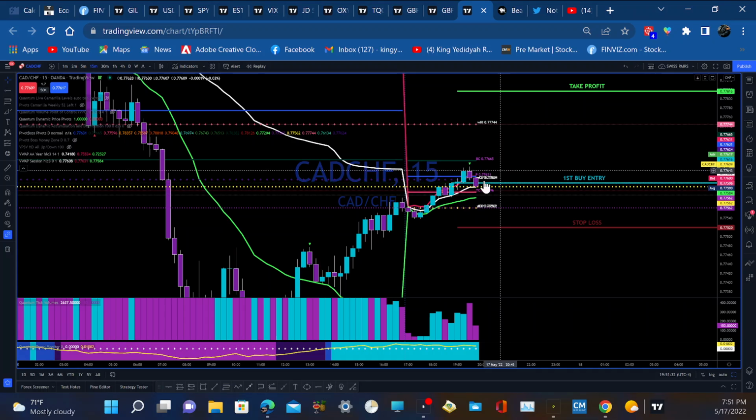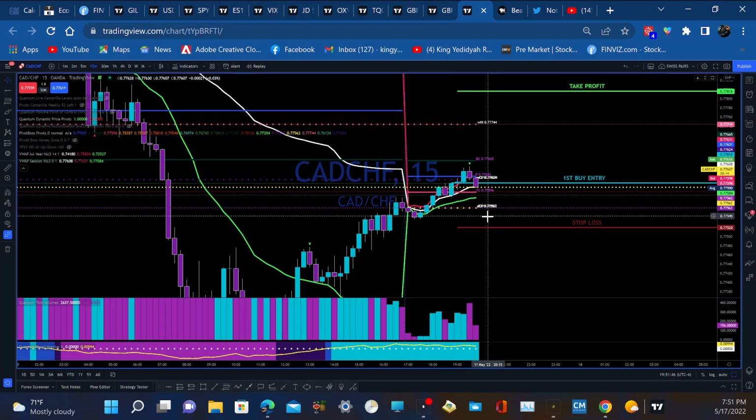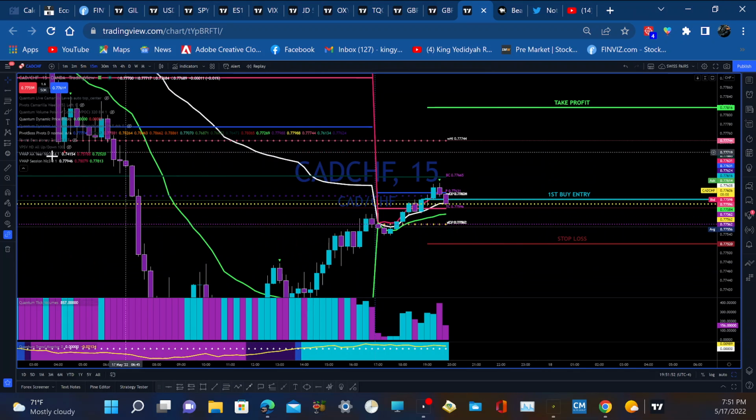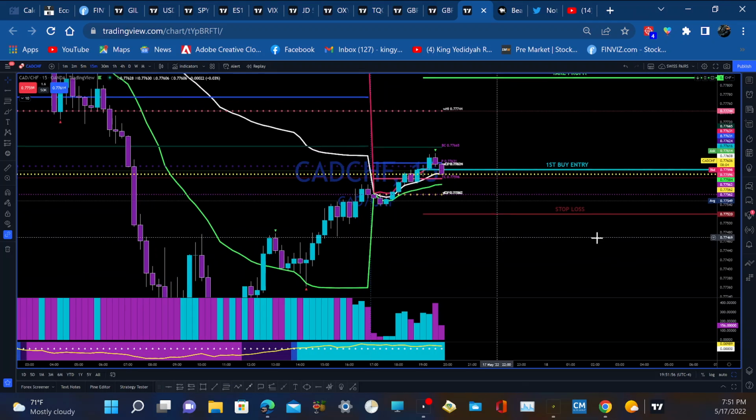And this right now, to be honest, I don't like this price action, because now we're getting this rejection of this central pivot zone right here, this level right here. We didn't even get up to it, and now we're pulling back. So this might stop me out, but that's the trade I'm in right now on CAD Swiss, and we'll see how it works out, man.